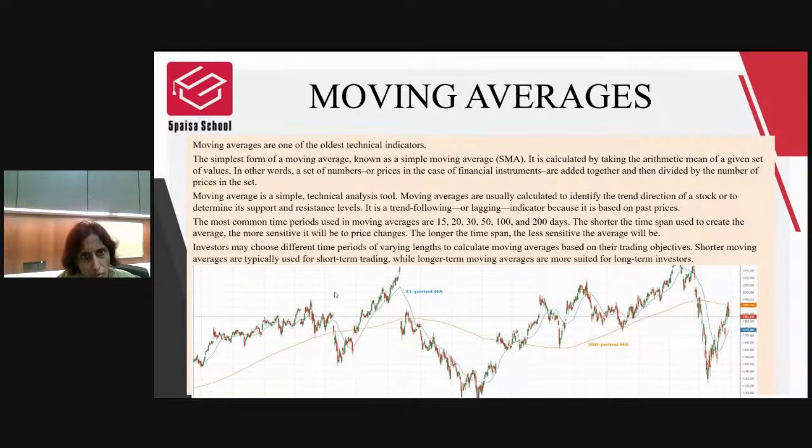The most common of them is the moving average. As I said, you can choose a 15-day, a 100-day, or a 200-day moving average. Here, in this particular chart, what you get to see is a 21-day period moving average. You see this? This is a 21-day moving average.